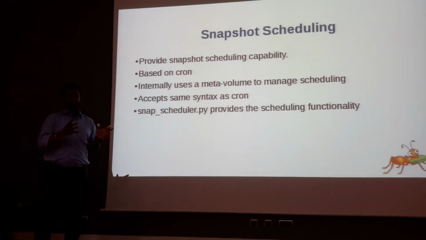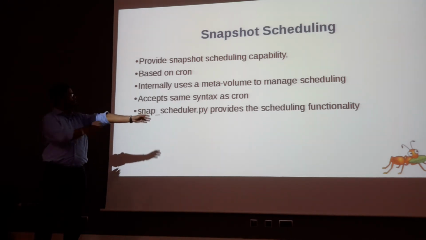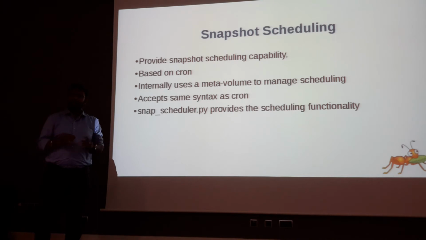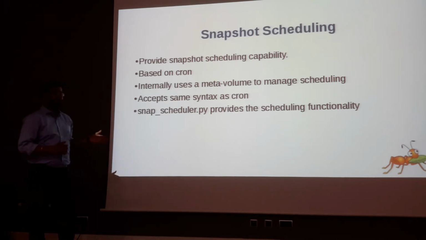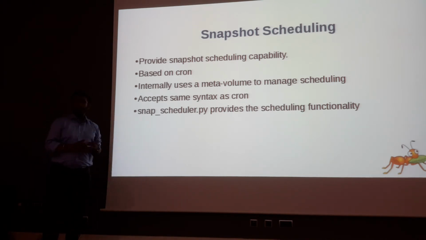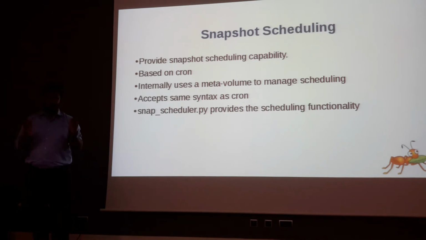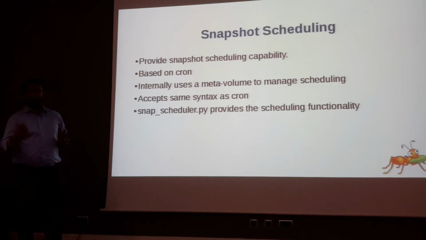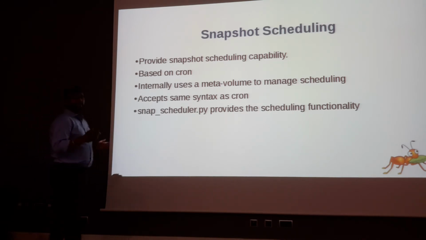And the schedules are normally given by a tool, so it is not directly implemented in Gluster itself; it's provided as an additional tool. So normally you can keep the same syntax which is used by cron. So you can specify the day, hour, and month for scheduling a snapshot. The syntax is exactly the same as the cron syntax.